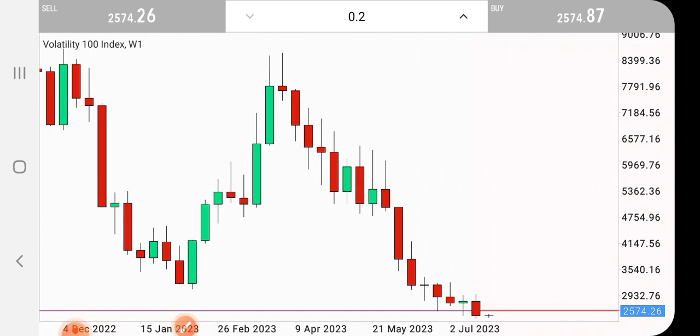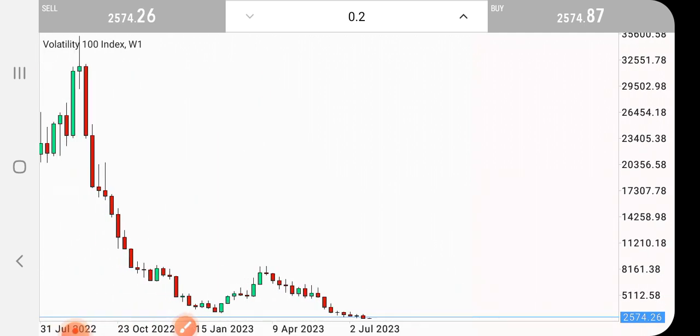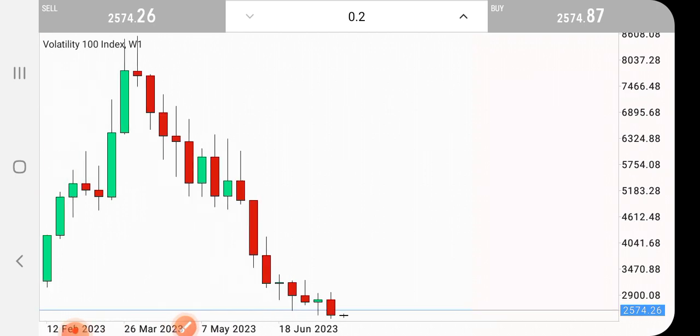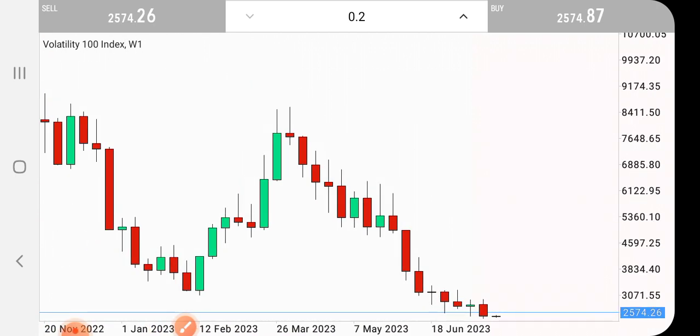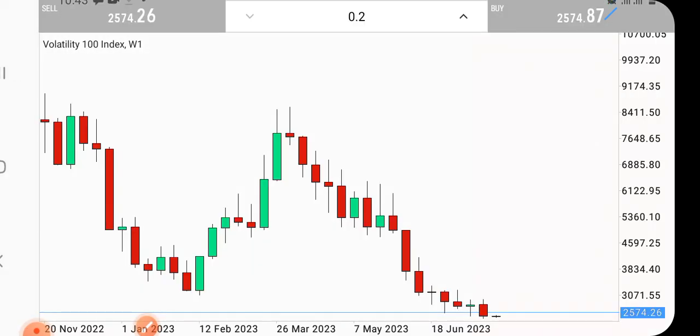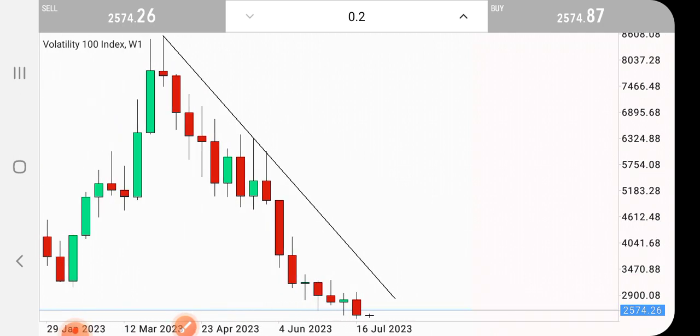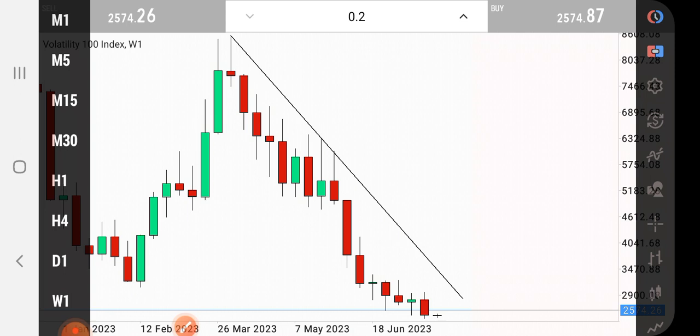We have to check where the market is first of all. So this is our Volatility 100. We keep on connecting the points, our turning points, where we saw the market making U-turns.